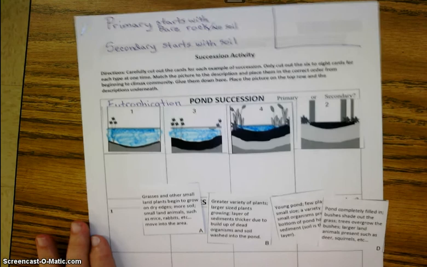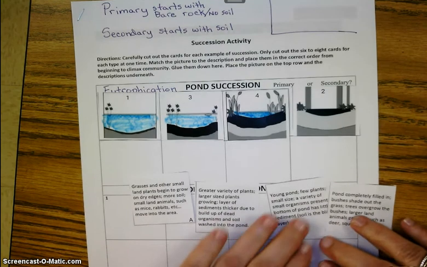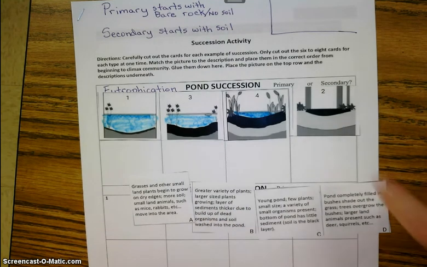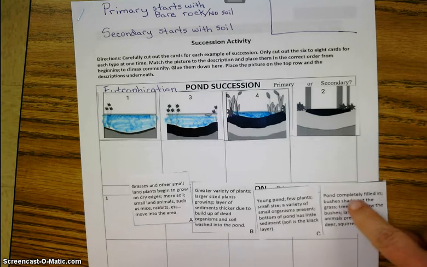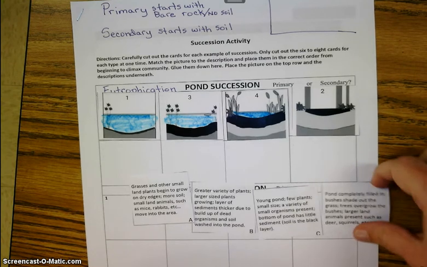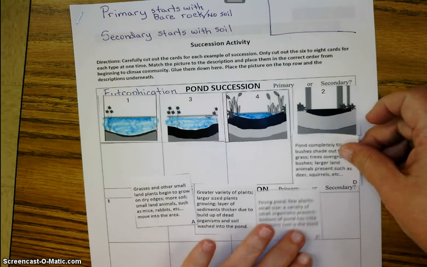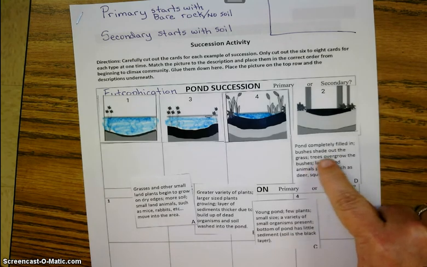Now we're going to find the descriptors. So when we look at this one, I just happened to notice this one says pond completely filled in. So I'm going to put that one here, but I'm going to go ahead and read the rest. The bushes shade out the grass. The trees overgrow the bushes.